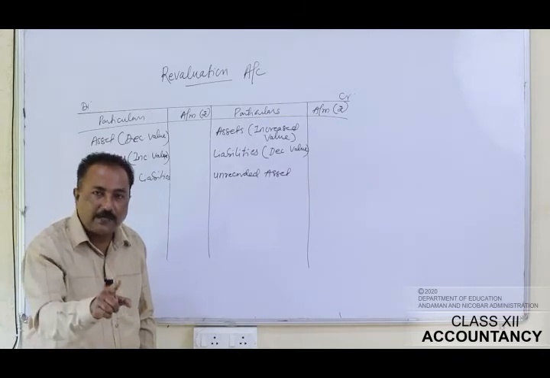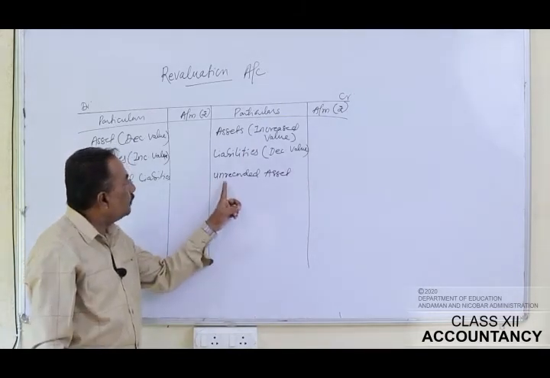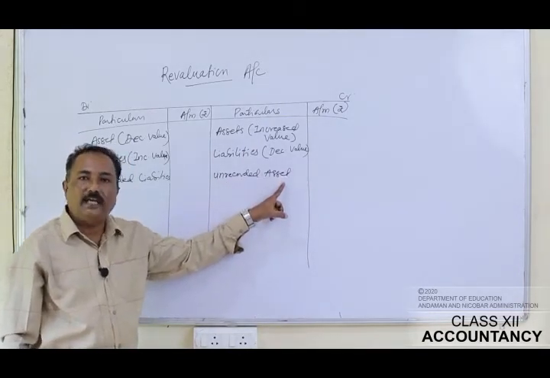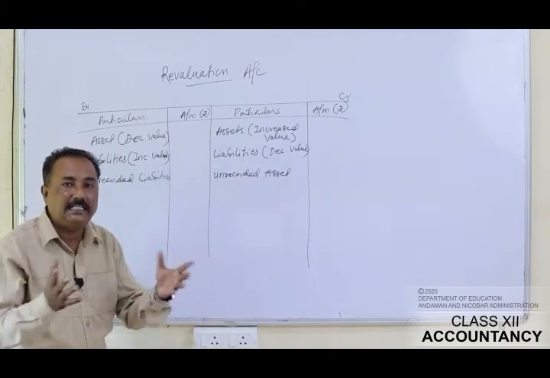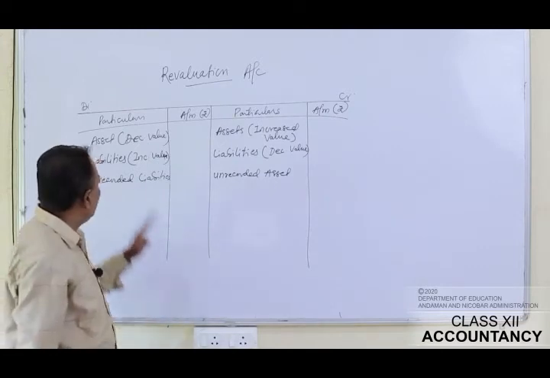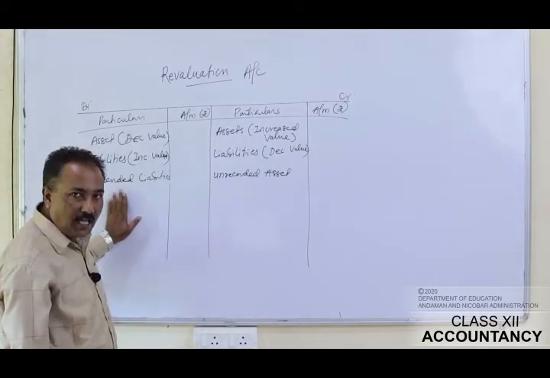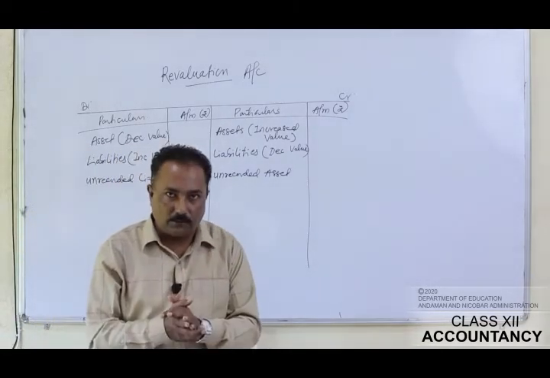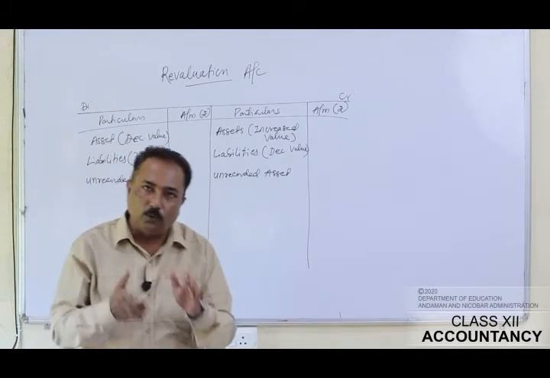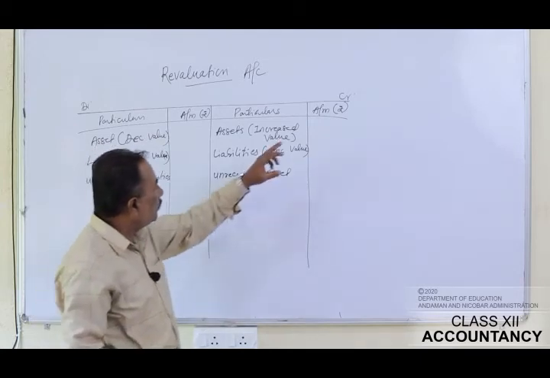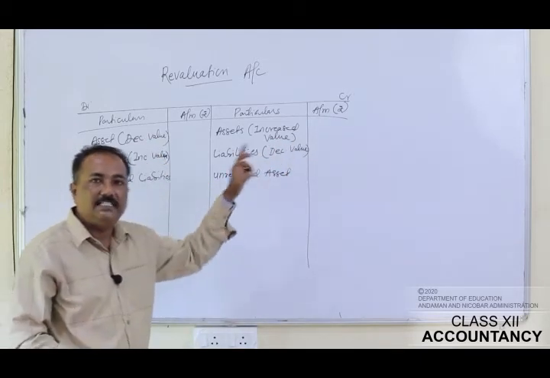If there is any unrecorded asset that is found, that has to be recorded on the credit side of the revaluation account, and if there is any unrecorded liability that is found, then it has to be recorded on the debit side of the revaluation account. Now, we will have to close the account. When you close the account, you have to total both the sides and see which side is bigger.